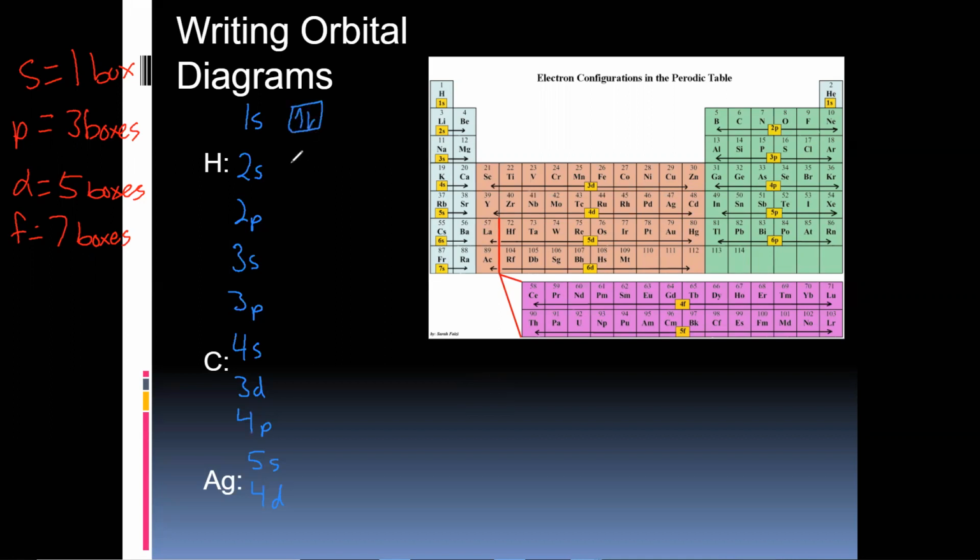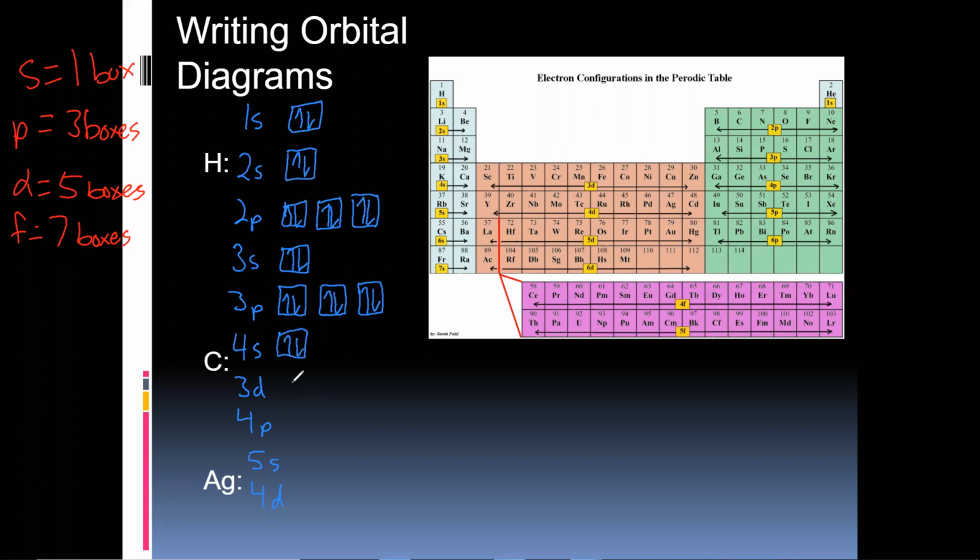1s2, 2 electrons. 2s2, 2 electrons. 2p, remember we get 3 boxes. There's 6 total electrons. We have to fill them in before we start pairing. 3s is 1 box, 2 electrons. 3p is 3 boxes, and it's also full, so 1, 2, 3, 4, 5, 6. 4s is going to be 1 box, 2 electrons.